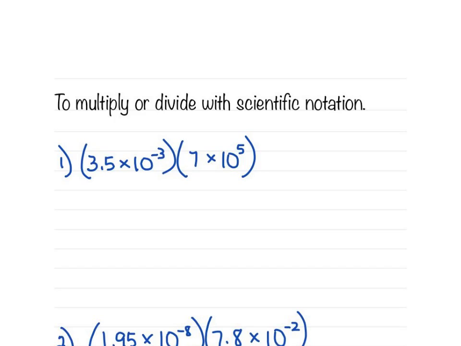I have 3.5 times 10 to the negative 3 times 7 times 10 to the 5th power. So we will use associative property to multiply 3.5 times 7, and then separately we will multiply 10 to the negative 3 times 10 to the 5th power.